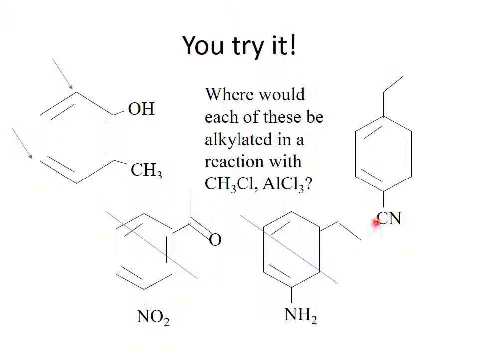If I look at ethyl and cyano, tell me where the reaction would occur. This one's a tough one. Ethyl is an ortho-para activator and cyano is a meta deactivator. So if it was just the cyano on the ring, I would say that Friedel-Crafts alkylation would not go ahead.